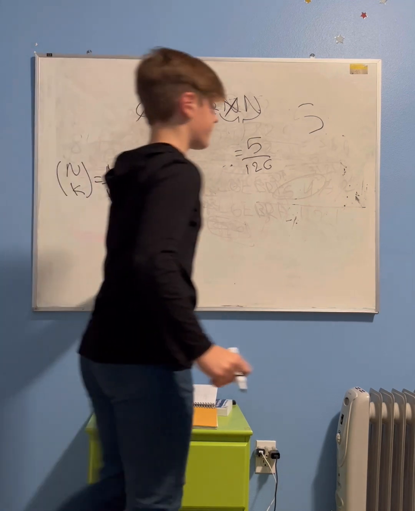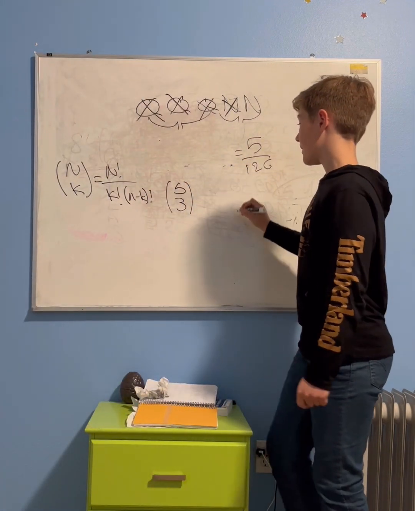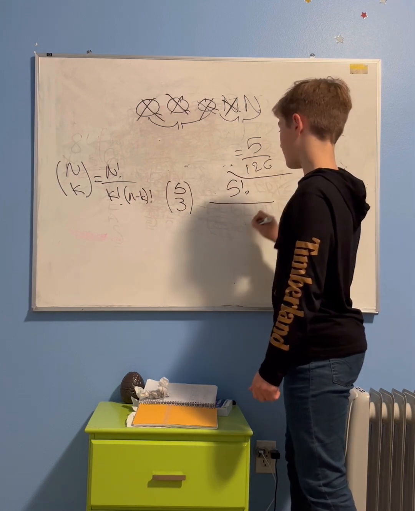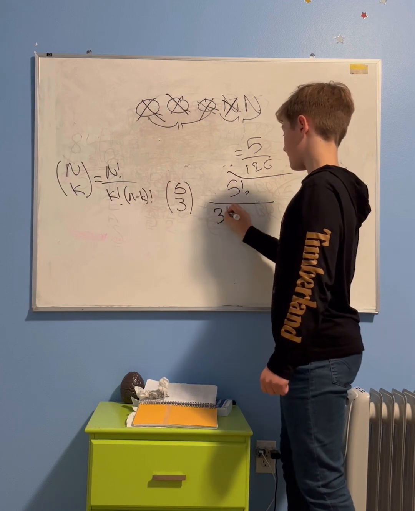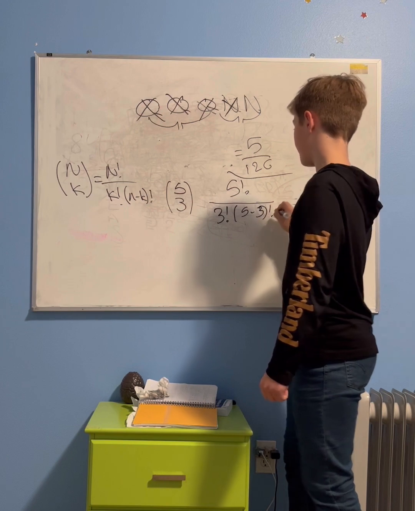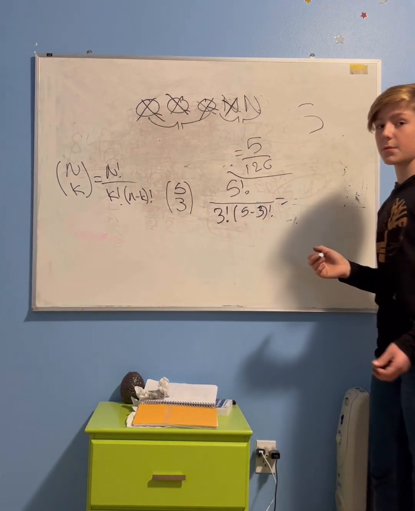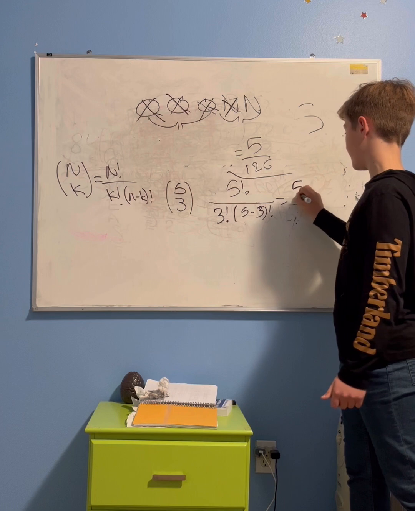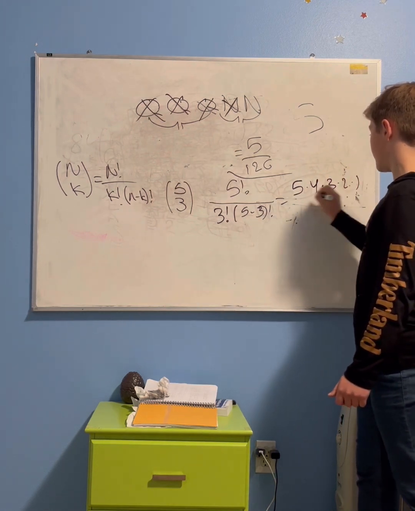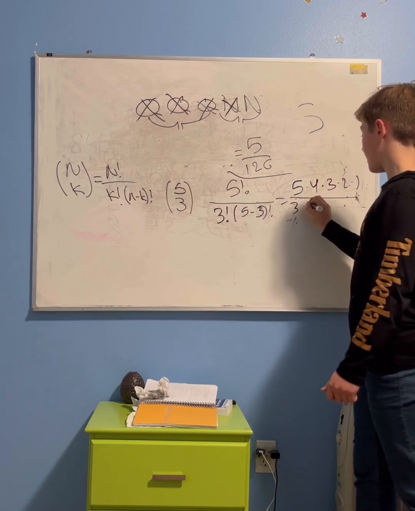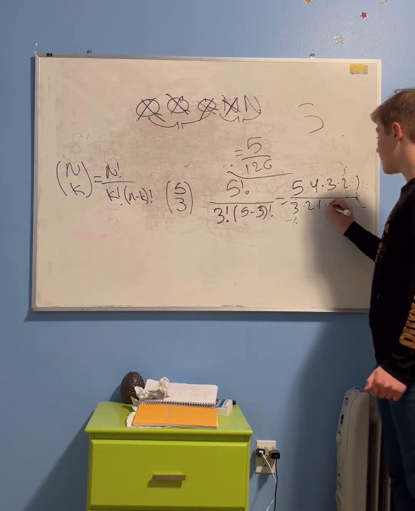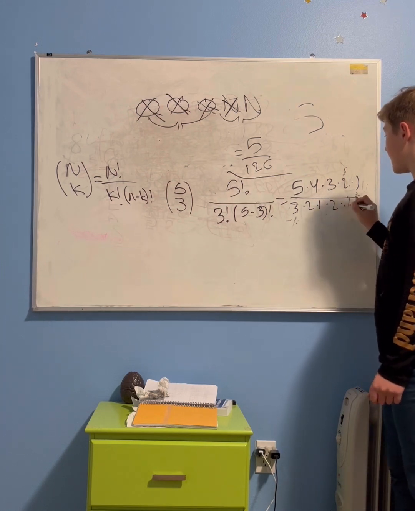So 5 choose 3, if we put it in the formula, is 5 factorial over 3 factorial and 5 minus 3 factorial. Now we can simplify this and express it fully by saying this is 5 times 4 times 3 times 2 times 1 divided by 3 times 2 times 1, and 5 minus 3 is 2, and 2 factorial is just 2 times 1.